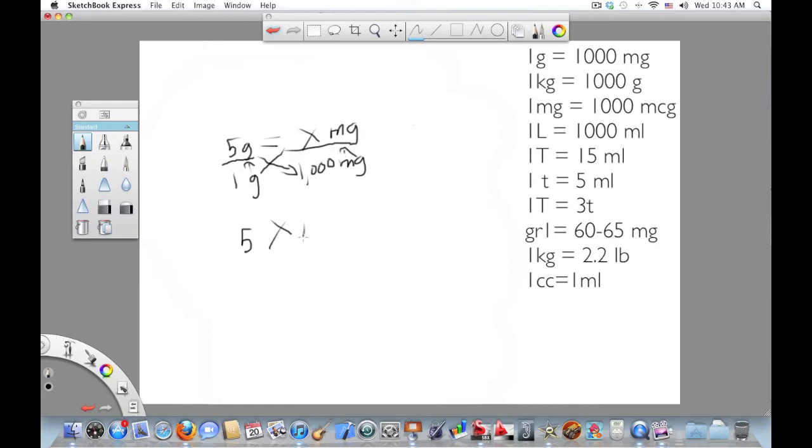So you have the 5, bring the 1,000 down, and it equals 5,000 milligrams. How did we get milligrams? From the X, because that's the one we're trying to find.